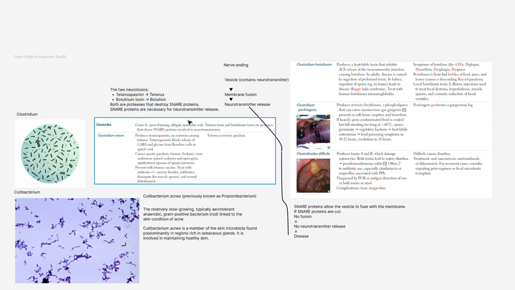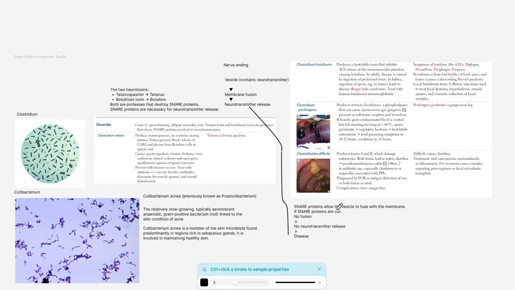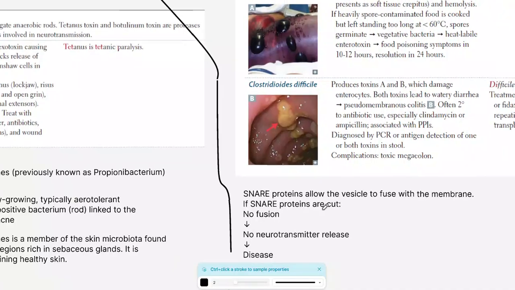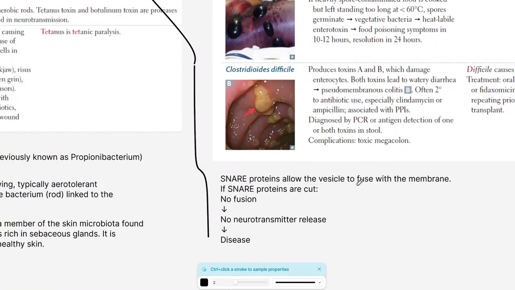Now, what are SNARE proteins? SNARE proteins are necessary for neurotransmitter release. At the nerve ending, a vesicle containing the neurotransmitter has a membrane. When that membrane fuses with the membrane of the nerve ending, the neurotransmitter is released. The SNARE proteins allow the vesicle to fuse with the membrane.